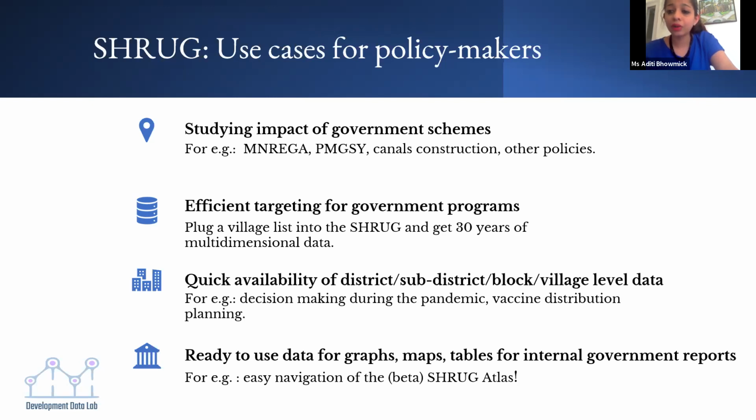A very important contribution of having high resolution data at the level of the village and town is that it makes targeting of government poverty or welfare programs so much more effective, right? As of today, if you plug a village list into the Shrug, you get about 30 years of multi-dimensional data about the particular village. Just a few numbers on targeting.